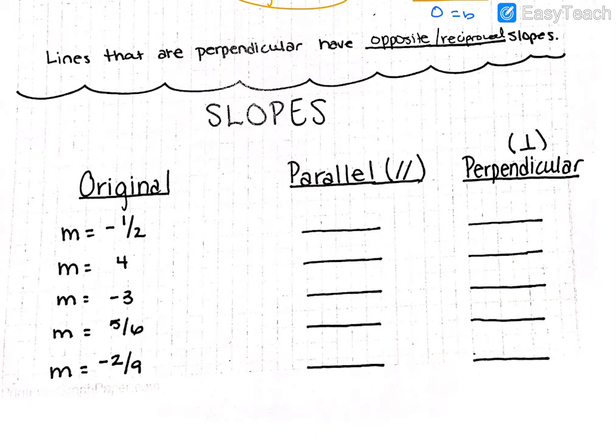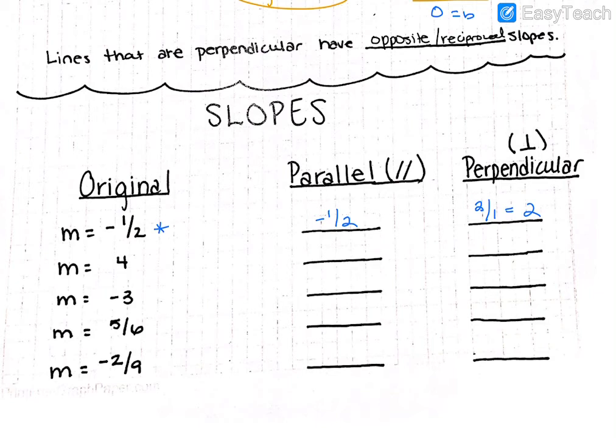If the slope of a parallel line is the same, if this was parallel to this being the original, then our parallel slope would have to be the same thing. But now if I'm doing perpendicular, I need to change the sign and flip the fraction. So this would be a positive 2/1, which is the same thing as just 2.